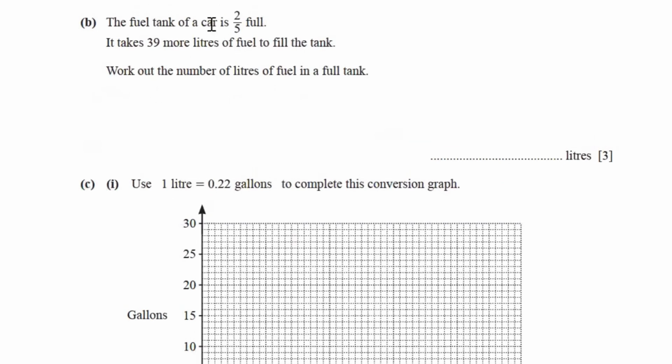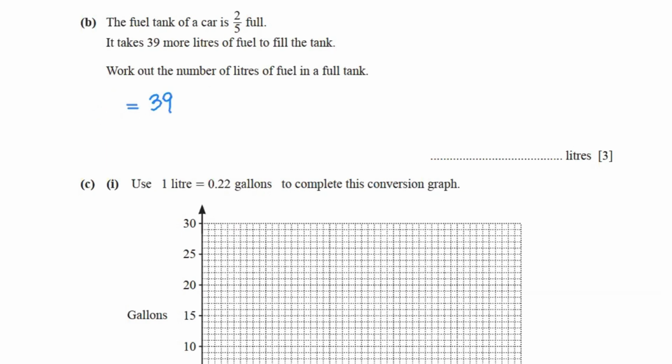Then part B says the fuel tank of a car is 2/5 full. It takes 39 more liters of fuel to fill the tank. Work out the number of liters of fuel in a full tank. So 2/5 is already full. That means 3/5 will equal 39 liters.